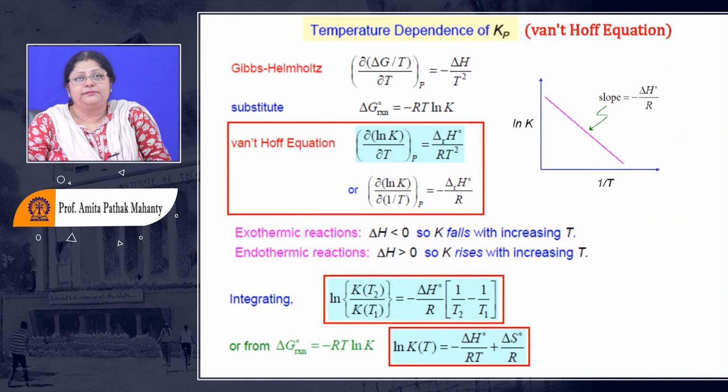You can see it and find out how, if you know the value of K at one temperature and the other temperature, you can find out the equilibrium constant at a temperature which is not known to you while one is given.